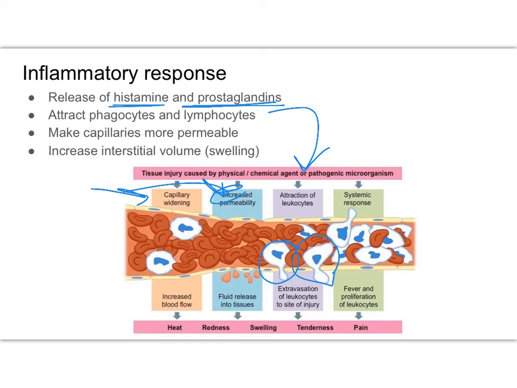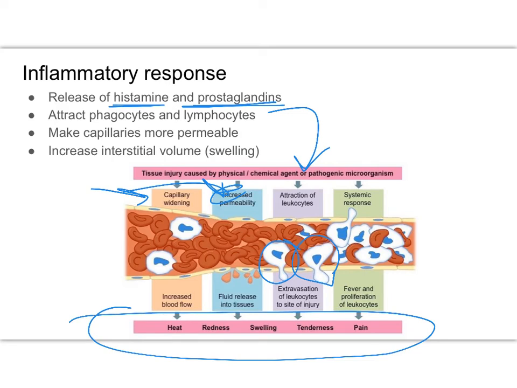Most of the time we associate with inflammation these symptoms down here on the bottom: the heat, the redness, the swelling, the tenderness, and the pain. Those things all go along with the inflammatory response, but this is what's causing them. The release of this histamine, the increase in the interstitial volume because the capillaries are becoming more permeable, that's going to cause the swelling.